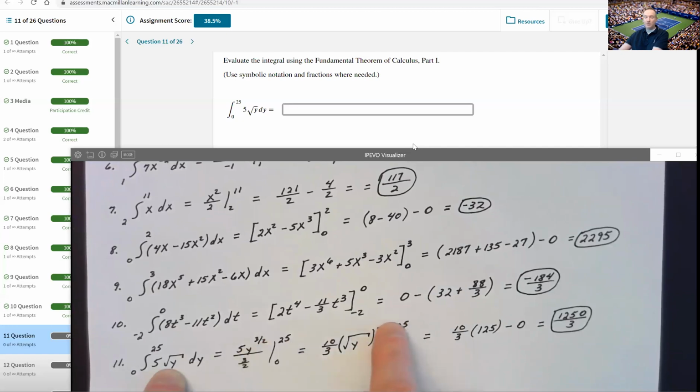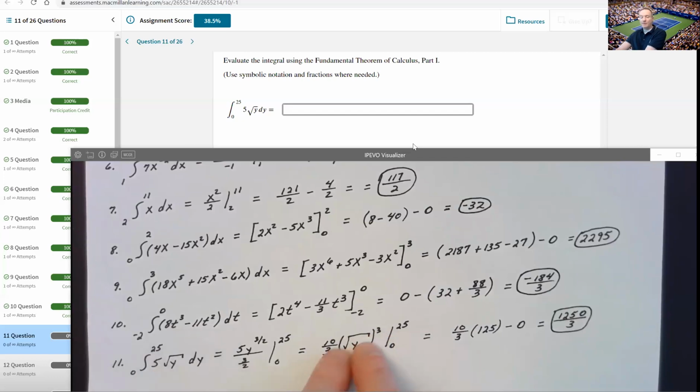I could have put the cubed on the inside or the outside. Anytime we're evaluating, it's easier to put that cube on the outside. The reason is because I would rather take the square root of 25 and then cube it, as opposed to having to raise 25 to the 3rd power and then find the square root of that number. Much easier this way.